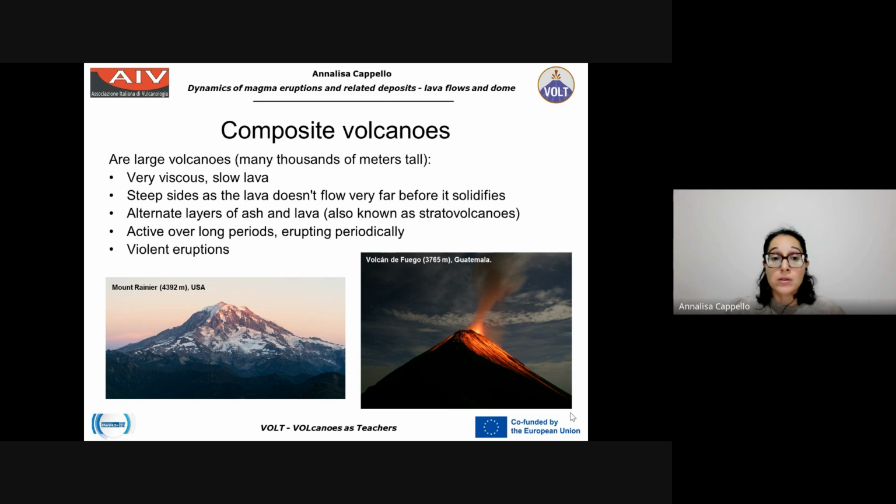These volcanoes are also called stratovolcanoes because they are composed of alternate layers of ash and lava. They are generally active over long periods, from tens to hundreds of thousands of years, and erupt periodically. They are produced generally by violent eruptions, and these are two examples, like Mount Rainier in USA and Volcán de Fuego in Guatemala.